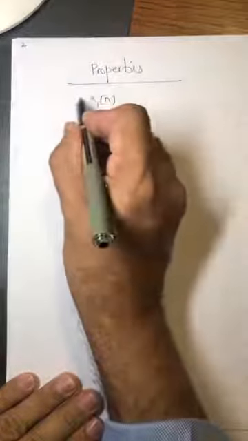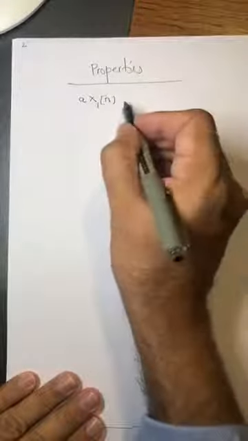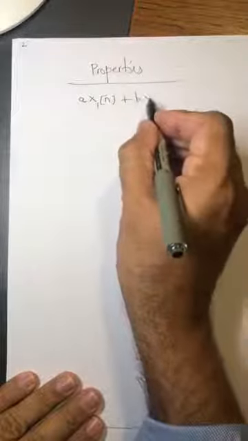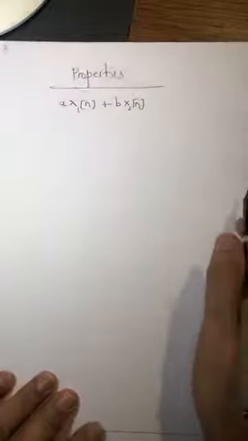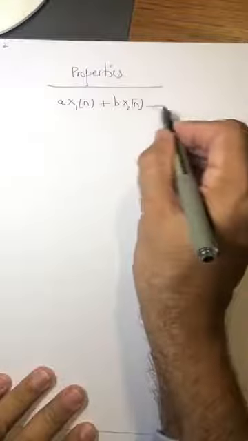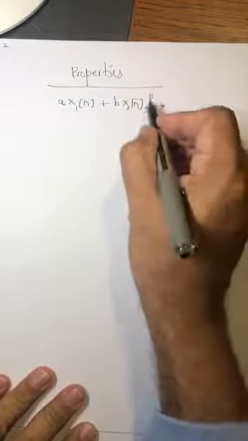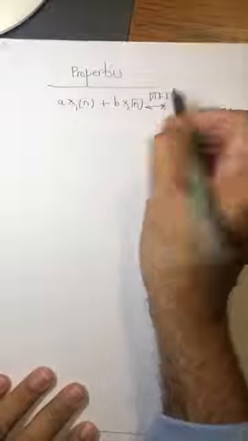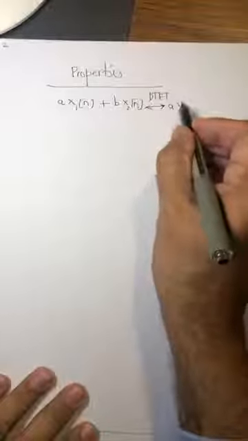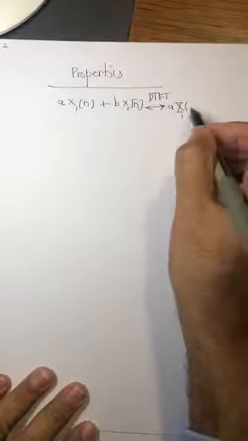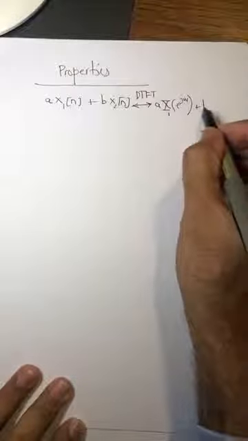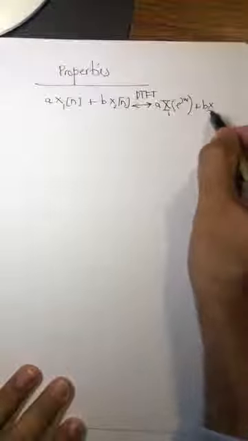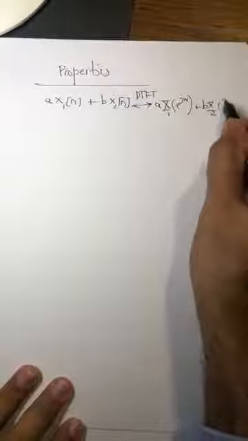First was linearity: if you multiply a signal with a and another signal with b and add them up together, then its discrete time Fourier transform is going to be a X1(e^{jω}) + b X2(e^{jω}).